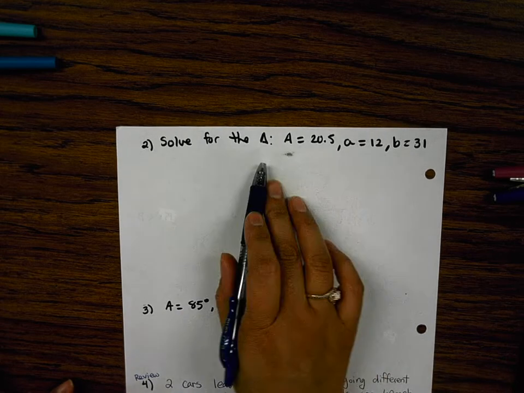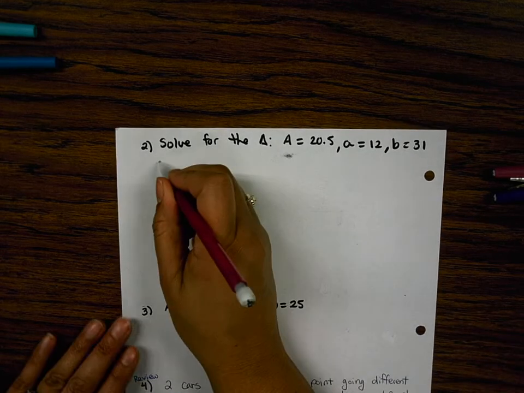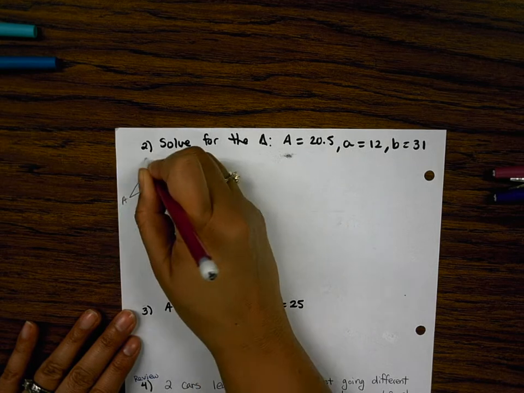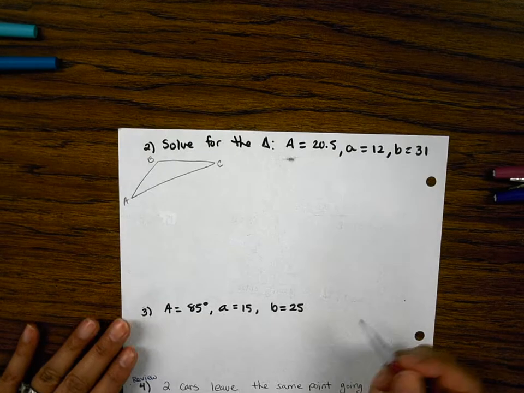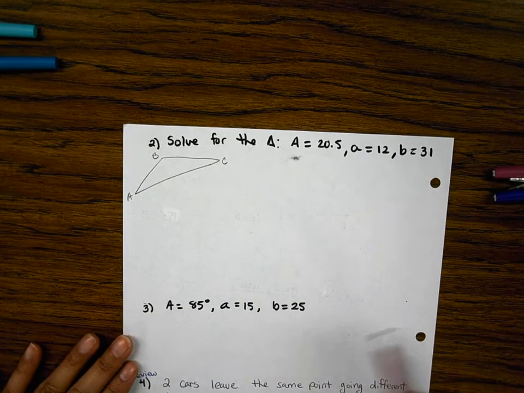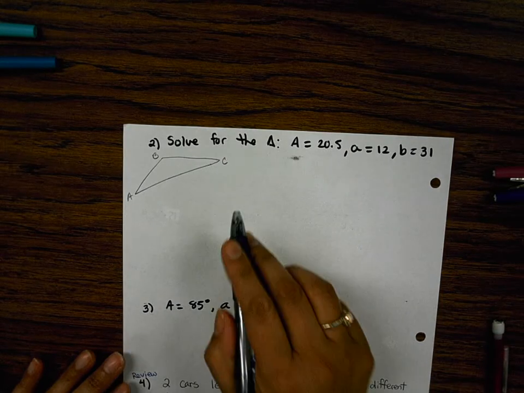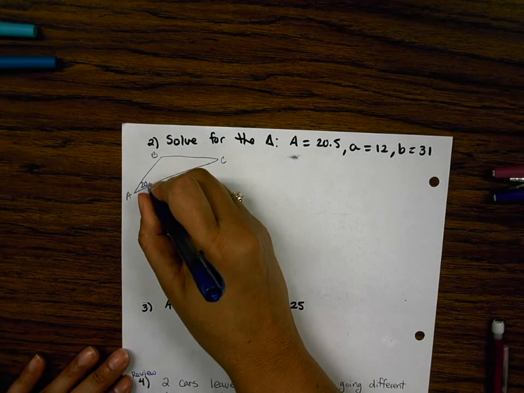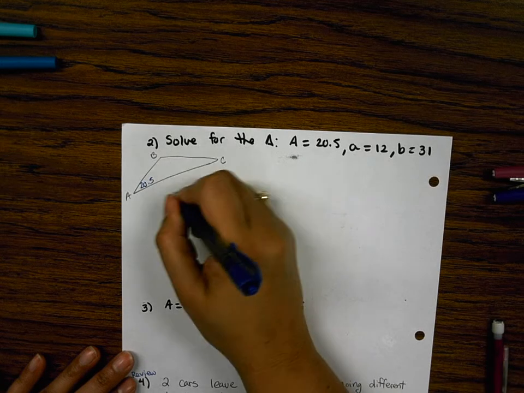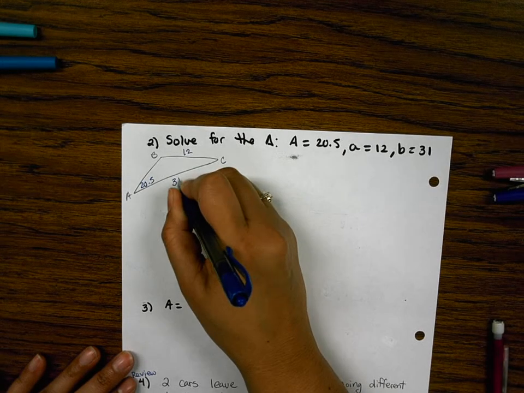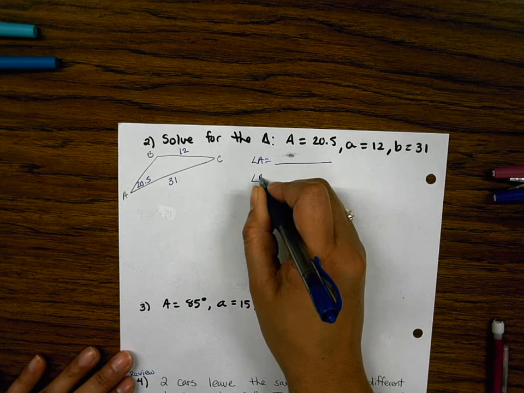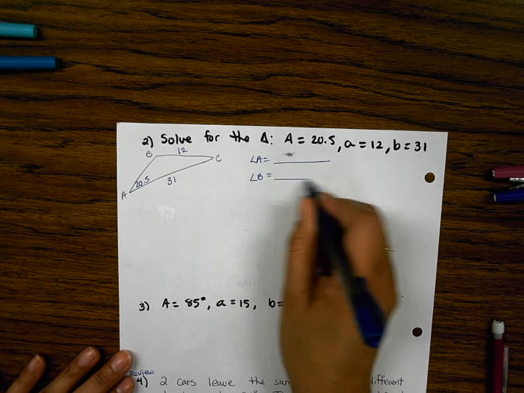You will also have some like this one here, where they give you this information, you draw your picture. On these, I definitely suggest you draw your picture because it makes it a little easier to see if angle B is possibly obtuse. All right, I'm just going to fill in.